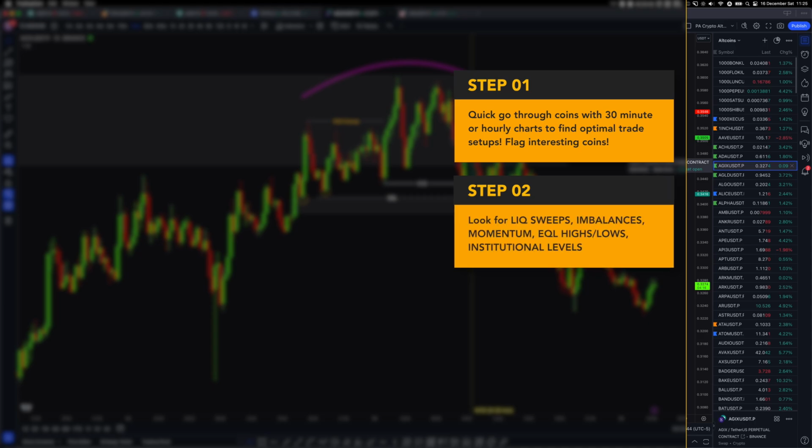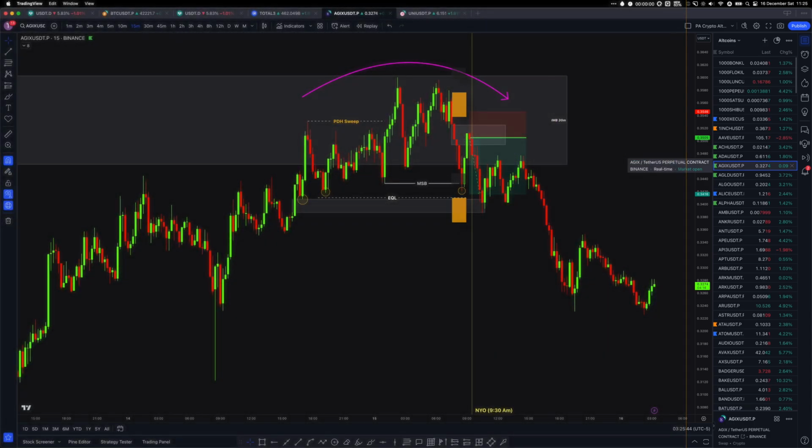Then I start to check weekly, daily, or hourly time frames on the coin to mark out important levels. This is called experience. For example, I see things instantly like equal lows or highs, forming liquidity, institutional levels, powerful momentum, big imbalances, and so on. The only way to get this is daily practice.